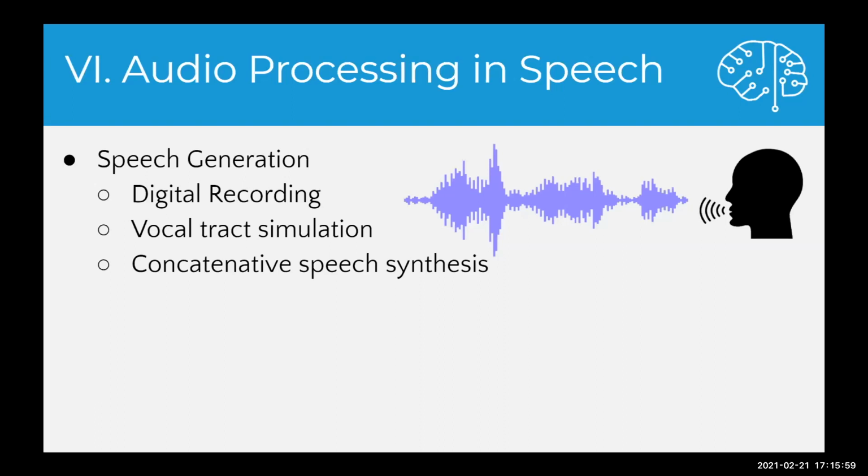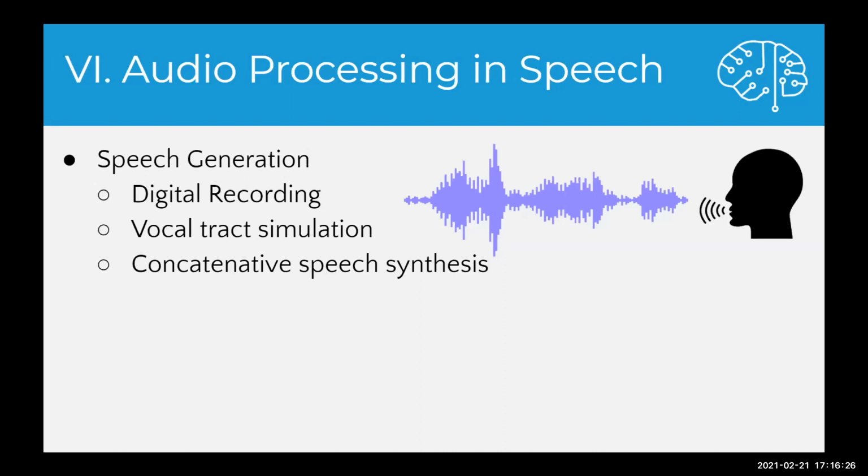Vocal tract simulation is the mimicking of human voices. The current dominant computerized speech is called concatenative speech synthesis, where people are recorded saying things and computers splice their words to make new words and sentences. It sounds so real and it's creepy, but it still lacks tone and emotion.